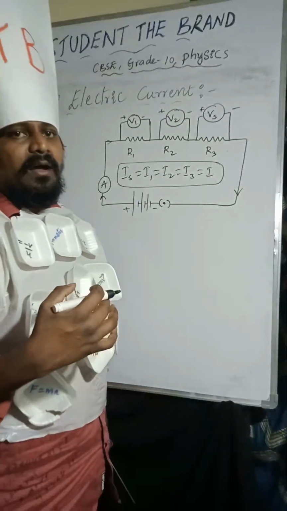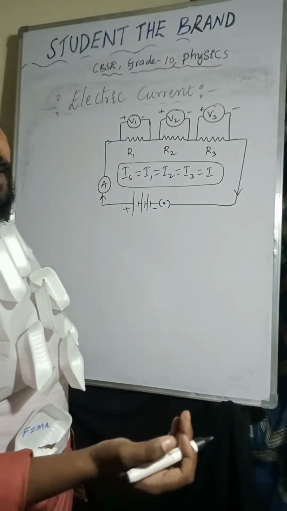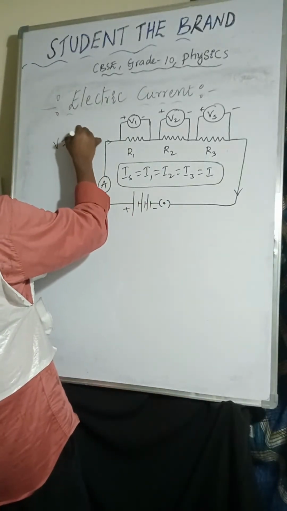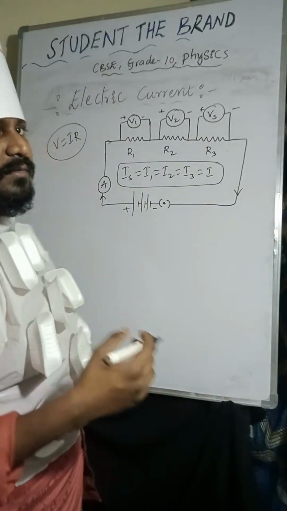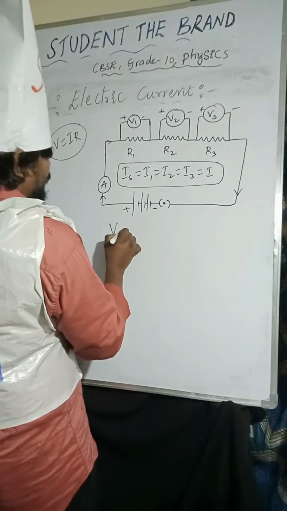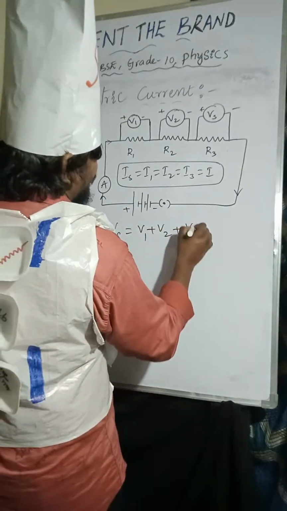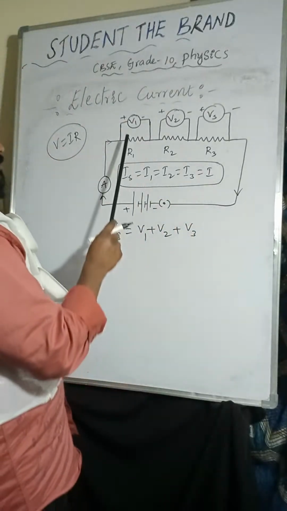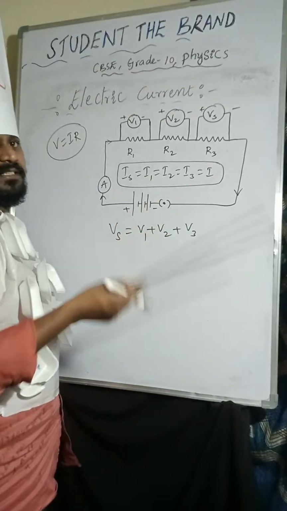Now from Ohm's law, V equal to IR. Vs equal to V1 plus V2 plus V3. You can observe here carefully, V1 plus V2 plus V3, because the potential difference is different.